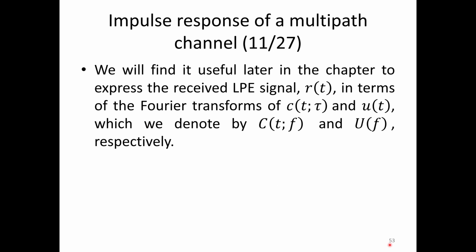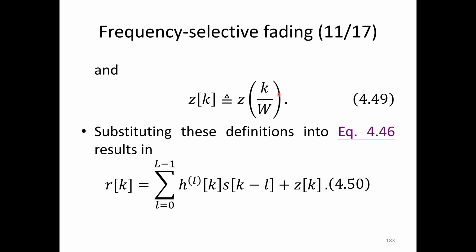Here on page 53, R of t is the received low-pass equivalent signal. Let us go back to page 183. Substituting these definitions into equation 4.46.